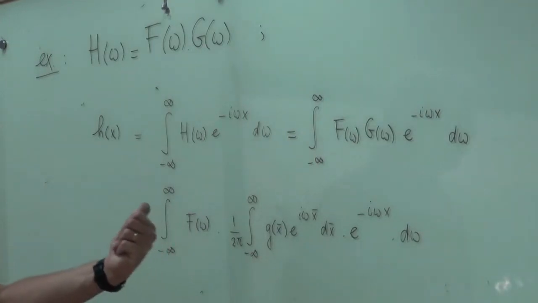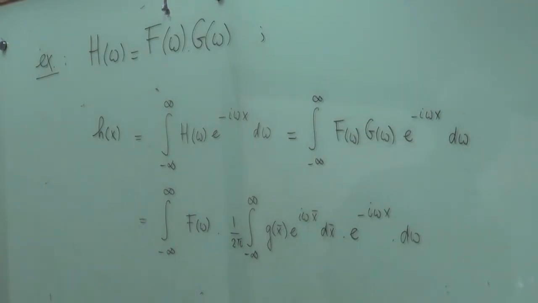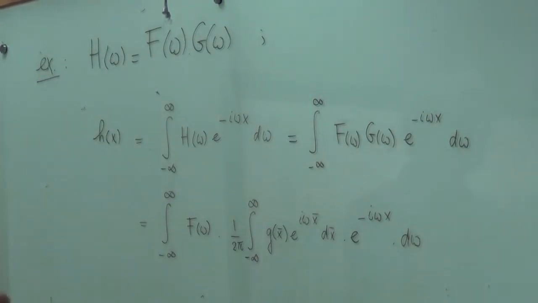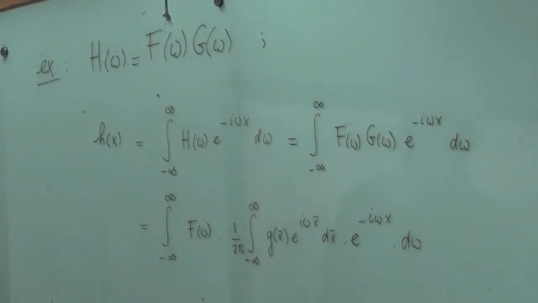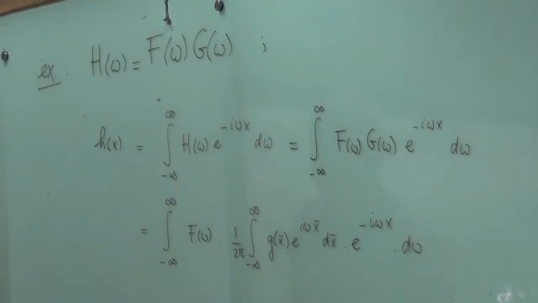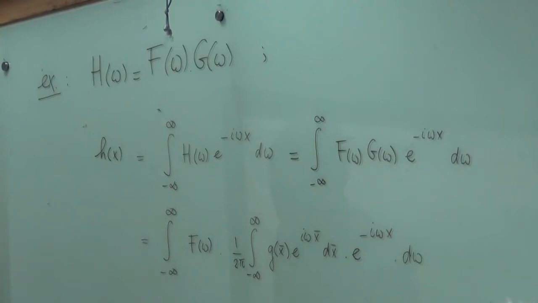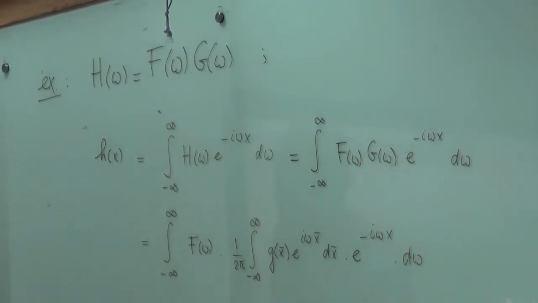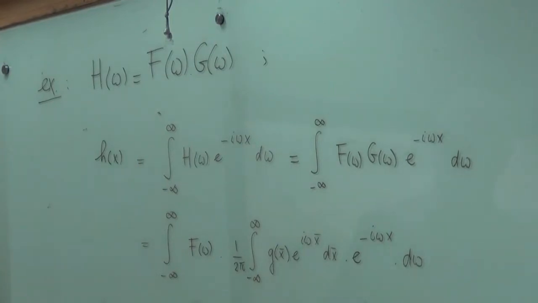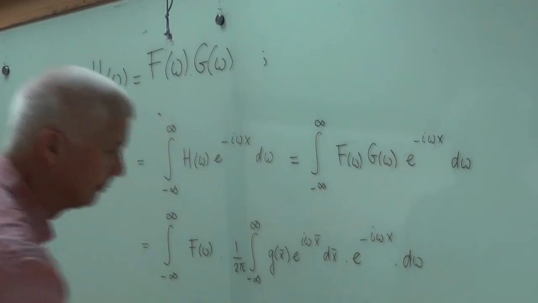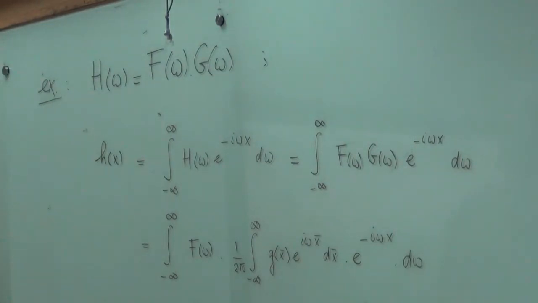And what I now will do is interchange the integration order. So now I have dx bar d omega, and I will make of that d omega dx bar. I would like to have the dx bar at the end. What do I get?